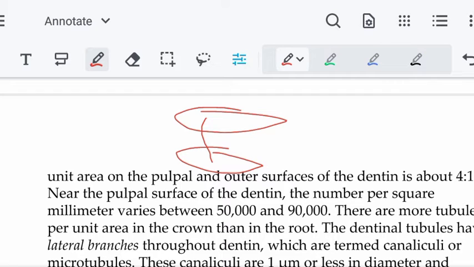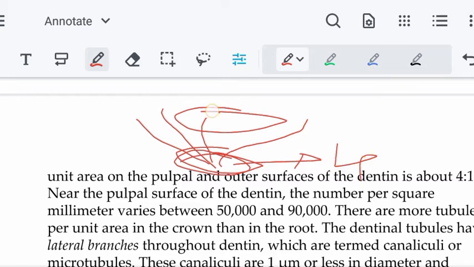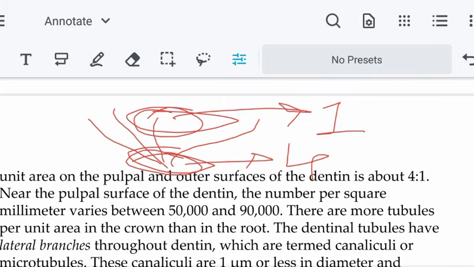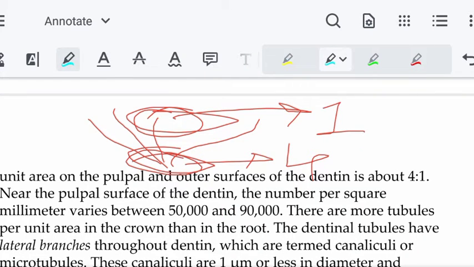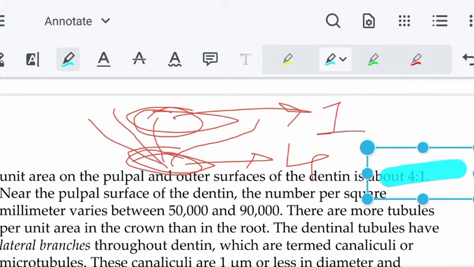This is a magnified view actually. Here there are four tubules in this area, but in this area there is only one tubule. So per unit area on the pulpal and outer side of the dentin, the ratio of dentinal tubules is 4:1. Okay.